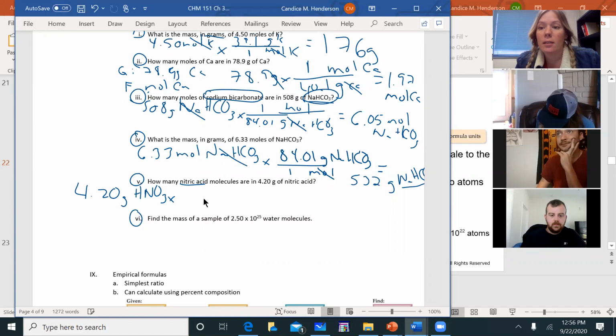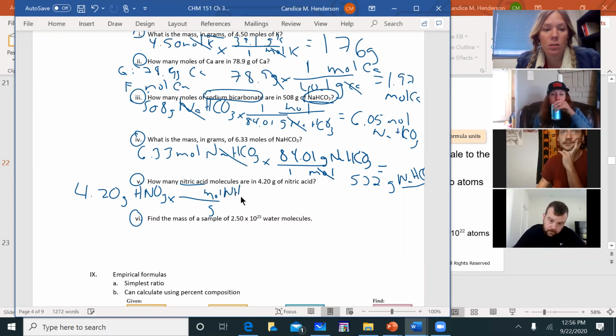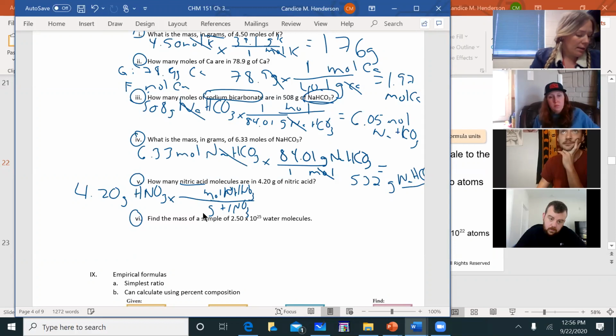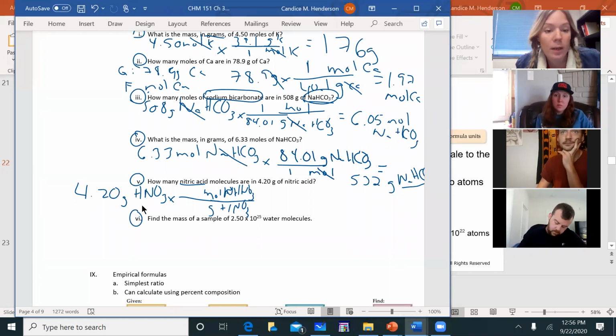First thing I've got to do is get it into moles. So gram will go on the bottom, mole of the HNO3 will go on the top. Grams of the HNO3 on the top. So the molar mass of our HNO3 is 63.02. So 63.02 will go on the bottom and the 1 mole will go on the top.